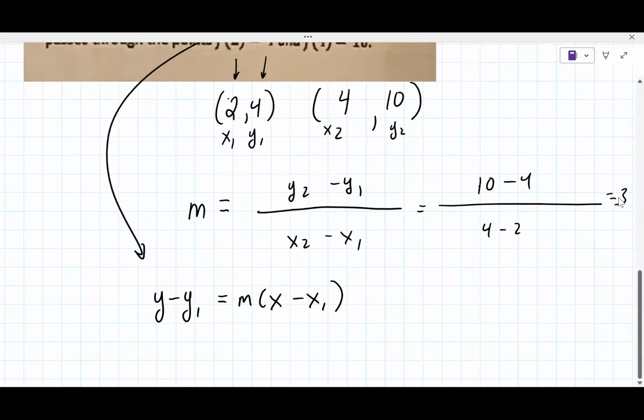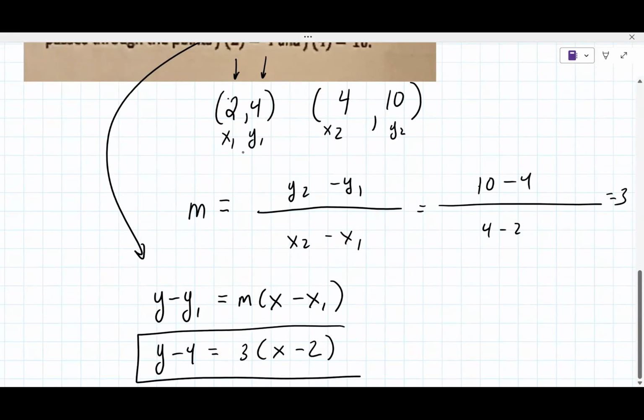Your slope is given, and we're going to use the first ordered pair for x1 and y1. So it's y minus 4 equals 3 times x minus 2, and that is your final answer. So go ahead and get that down for this problem, please.